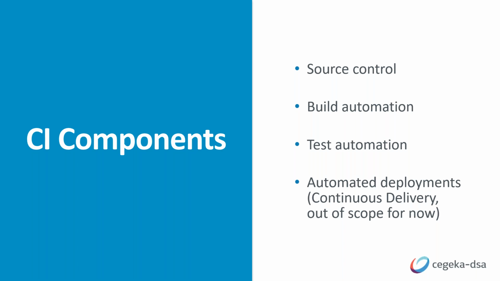To practice continuous integration, you need some things in place, and one of the key things that you need is source control. Obviously, if everybody's working locally, you need some management tooling, and source control will help you with that. Build automation: if everybody's doing things locally, a central way of building your stuff should be in place.